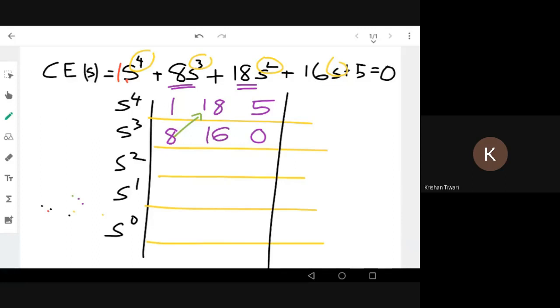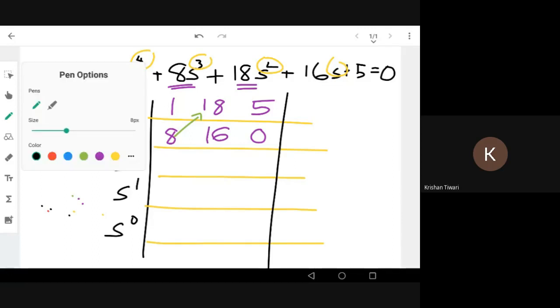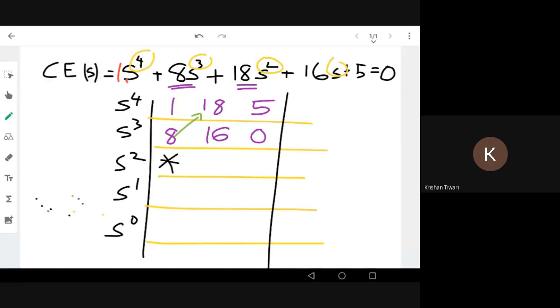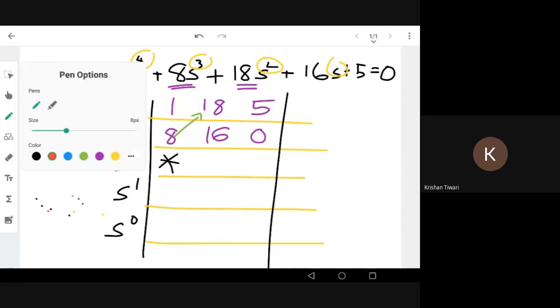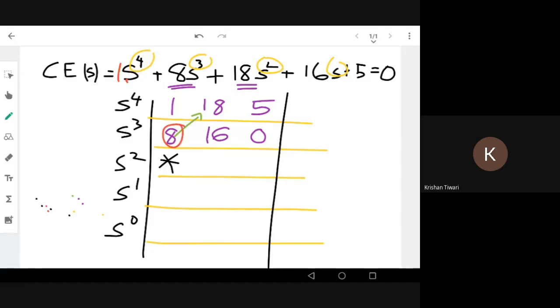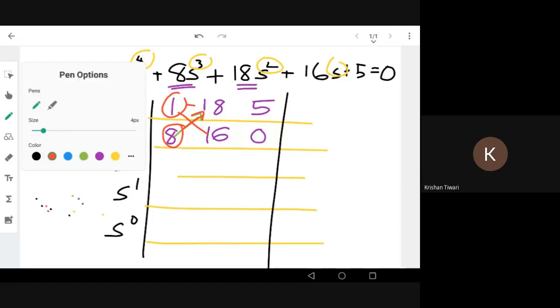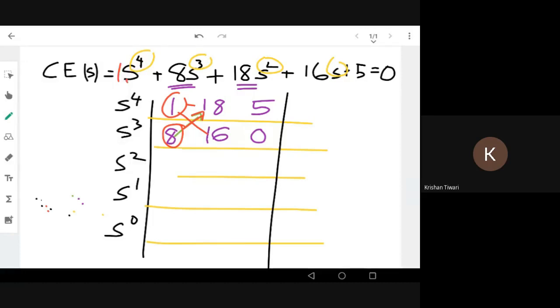Now, how to find the element which I need to write here, the star? What is the principle we have studied? Start with the bottom 8, then go to the top: 8 into 18 minus 1 into 16, divided by 8.